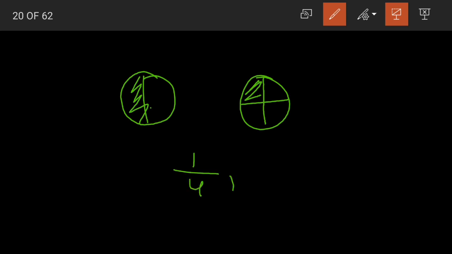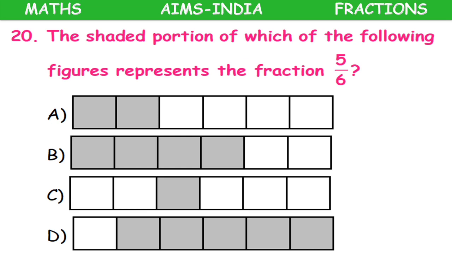First we have 1 by 4, then we'll get 1 by 2. Yes or no? So you can draw the figure like this and understand for yourself which will be the smaller fraction and which will be the greater fraction. Okay children, maths is all about understanding. Understand the concept and then apply. Don't just learn it by heart.